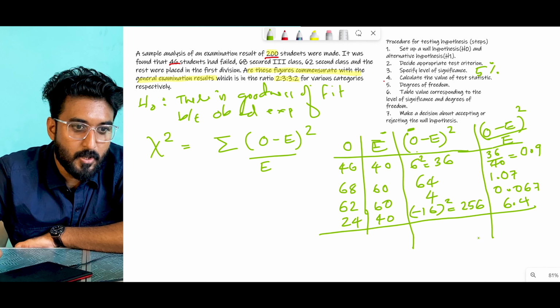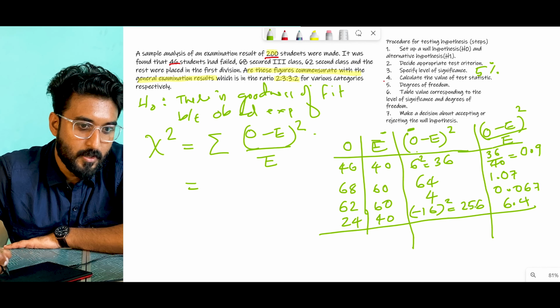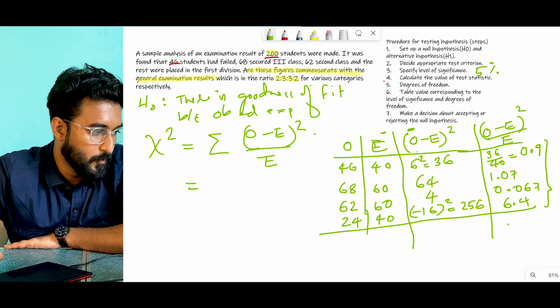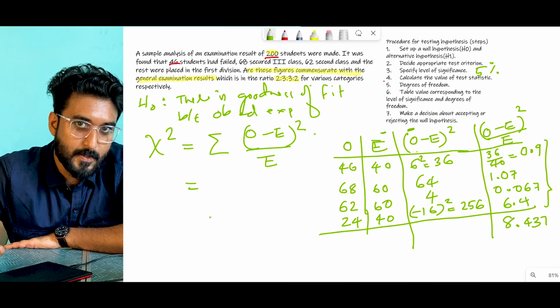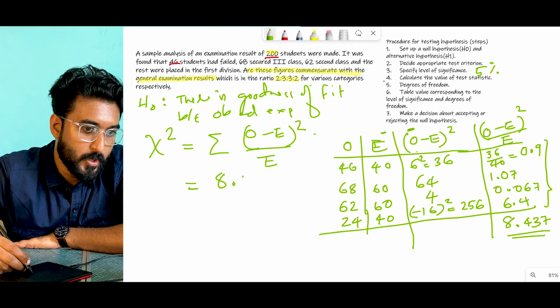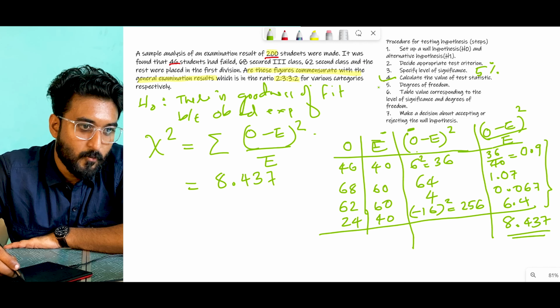So these are the values. The chi-square value is the sum of these values. What is this sum? The sum is 8.437. So the chi-square value is 8.437. So we calculated the value.